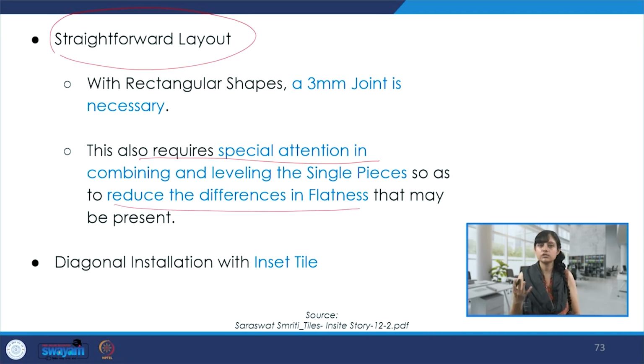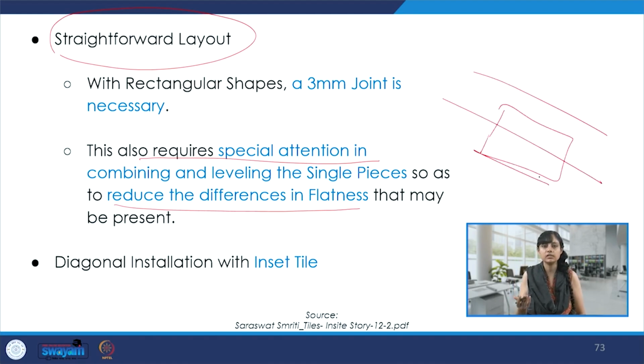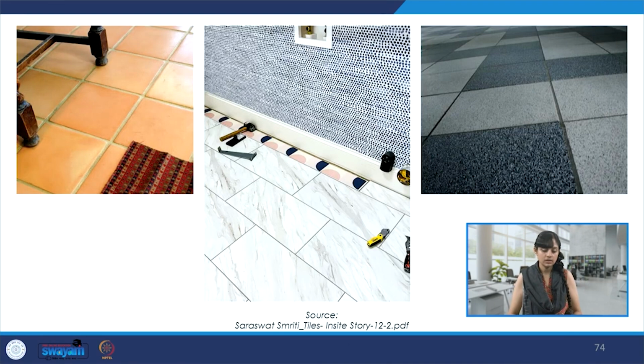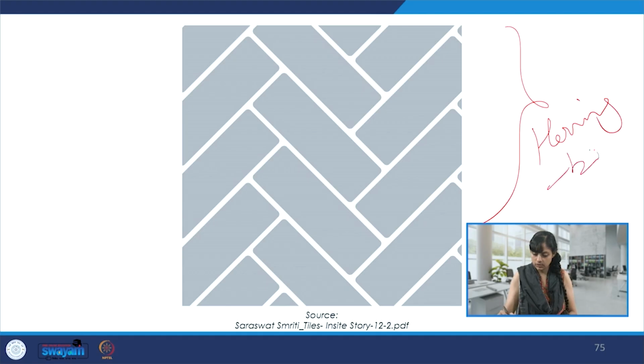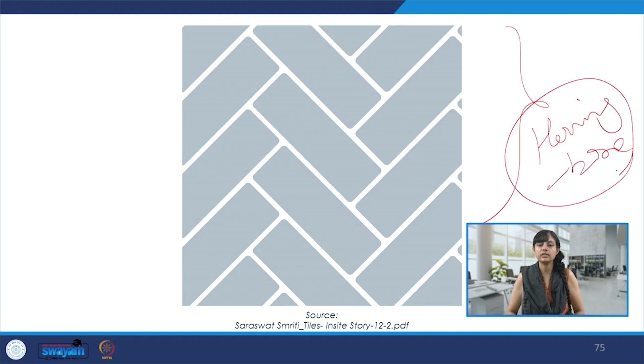Then there is a diagonal installation which may have some inset tiles put diagonally, and then some inset or in-between tiles. These are mostly the rectangular shapes and the straightforward layouts that you are seeing. And this one is the herringbone pattern that we were talking about. Very beautiful and quite sought after in the tile industry.